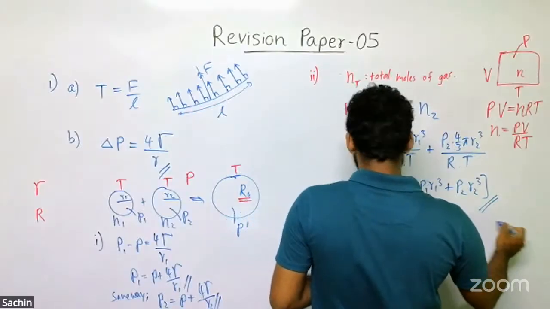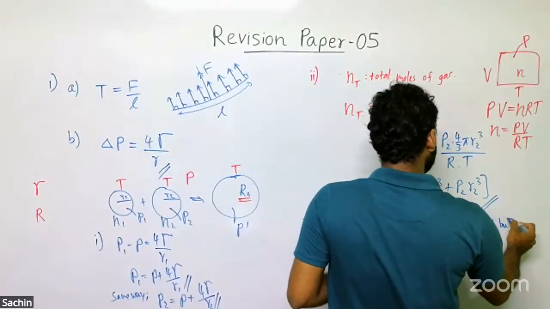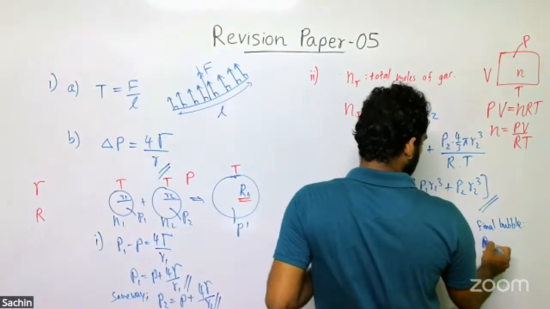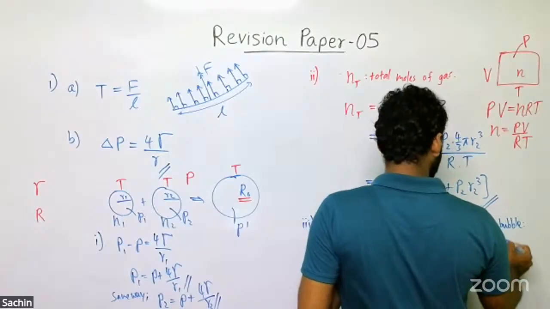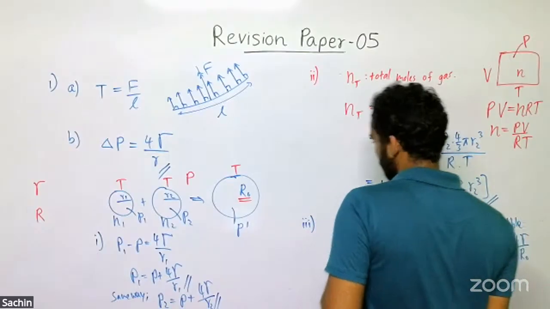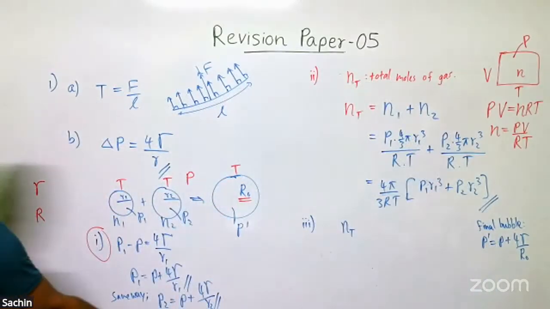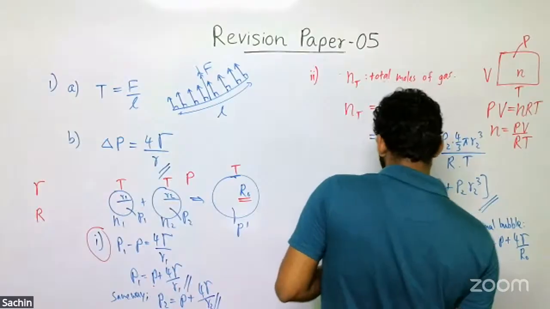Okay, so considering the final bubble, you can evaluate the pressure inside, P dash. How? P dash should be equal to P plus 4 gamma over the final radius. The same thing we did in part 1. You remember? Here, when you apply the formula, again I can show this.